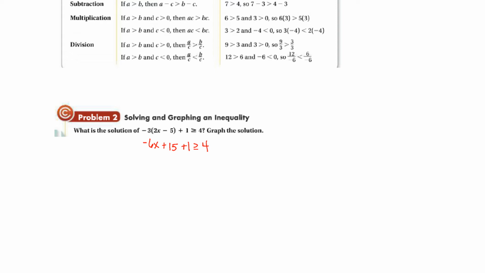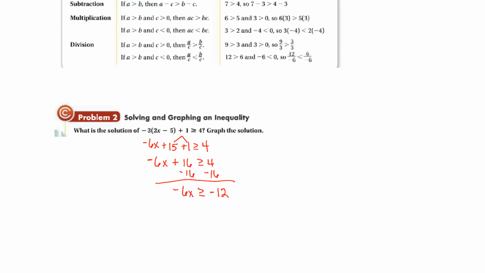Then I'm going to combine my like terms. 15 plus 1. So I have negative 6x plus 16 is greater than or equal to 4. Then I'm going to subtract my 16 from both sides. Then I get negative 6x is greater than or equal to negative 12.